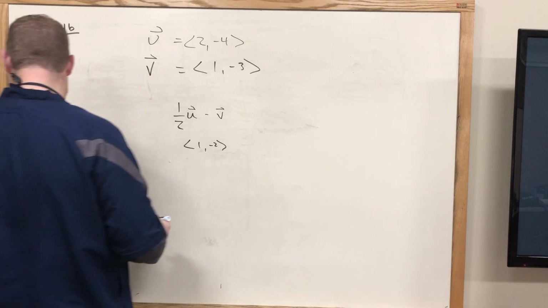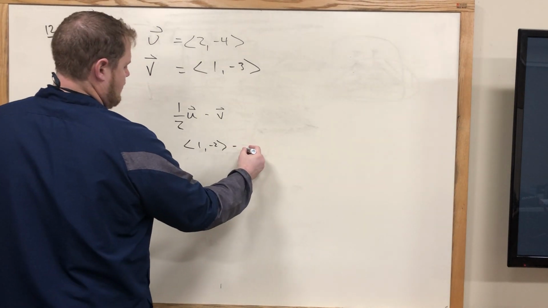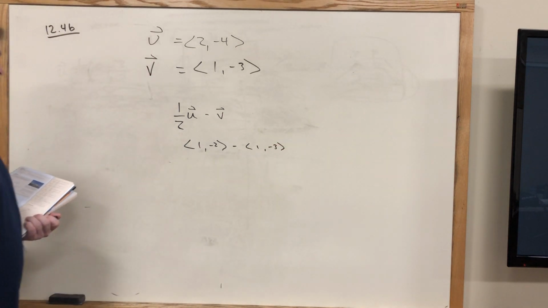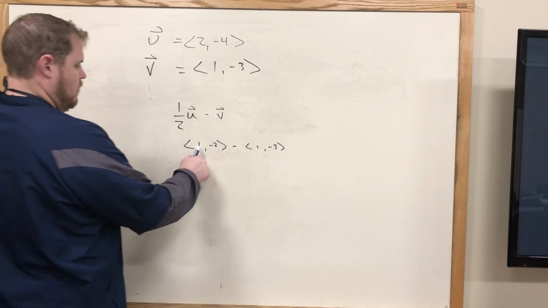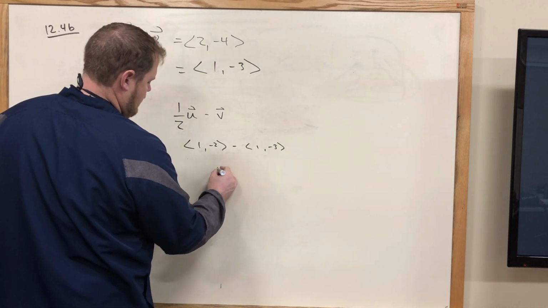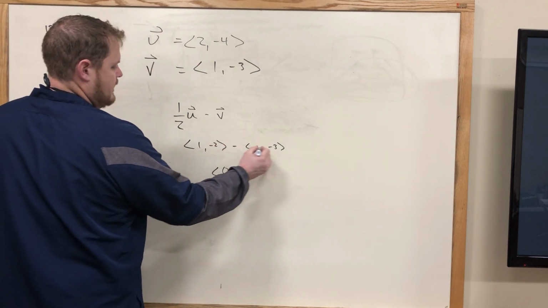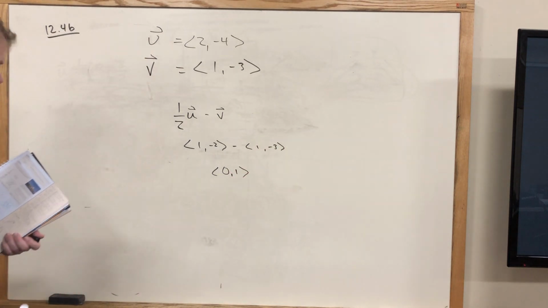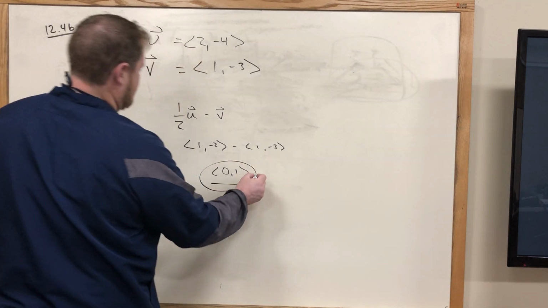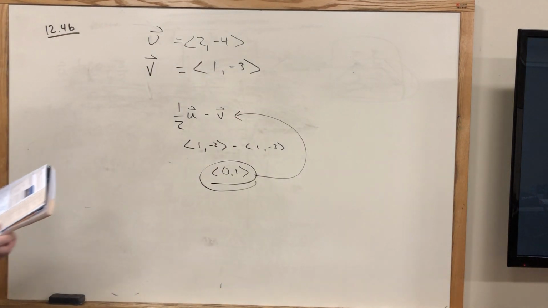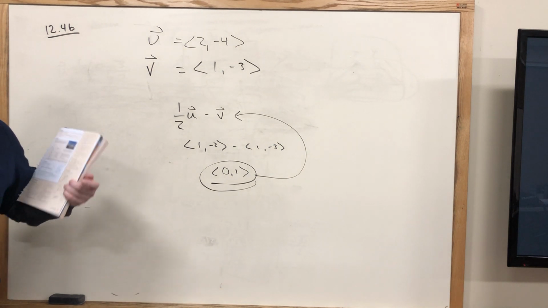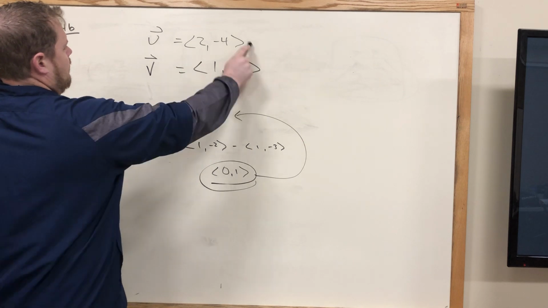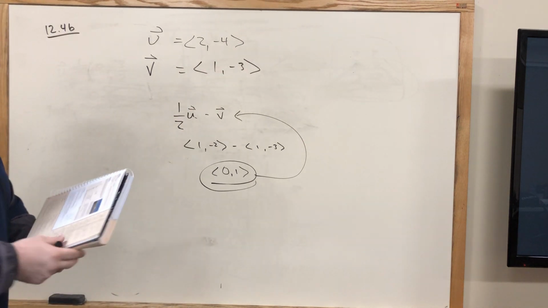Then subtract v, 1, -3. 1 minus 1 is 0. -2 minus -3 is 1. And there is your answer. The scalar factor means you're multiplying that into both the A and the B.